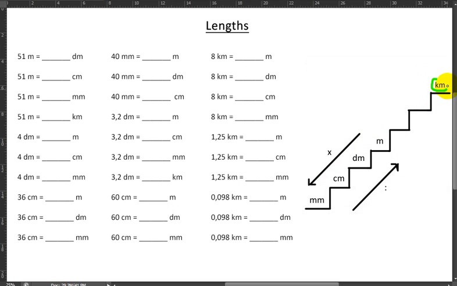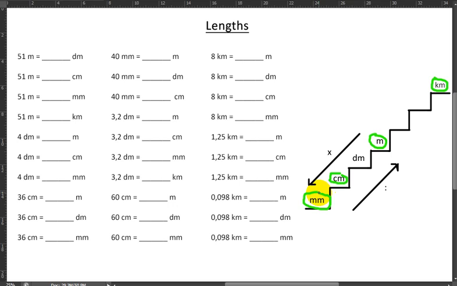You all know kilometers. With kilometers, we basically measure great distances. So if you have meters for something that is about the size of a human, let's say, a centimeter is about the width of our pinky, and a millimeter is the distance from one line to the next on your ruler.